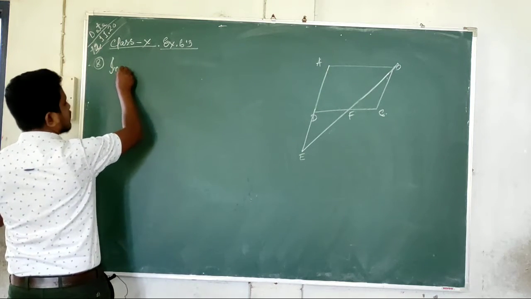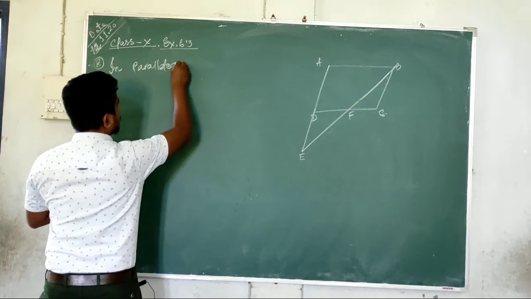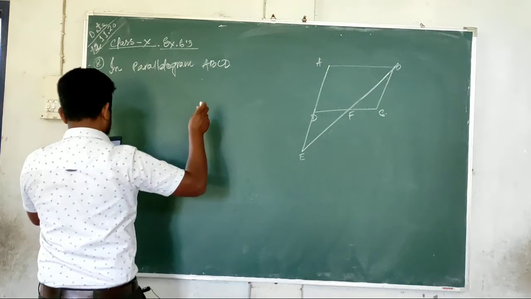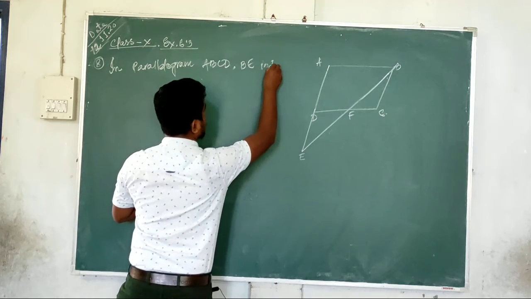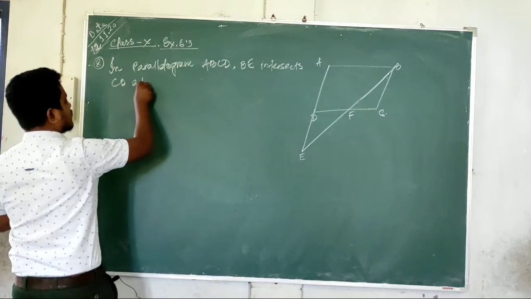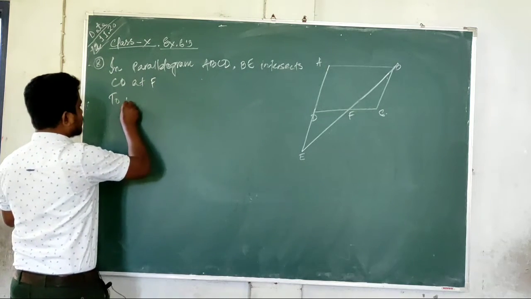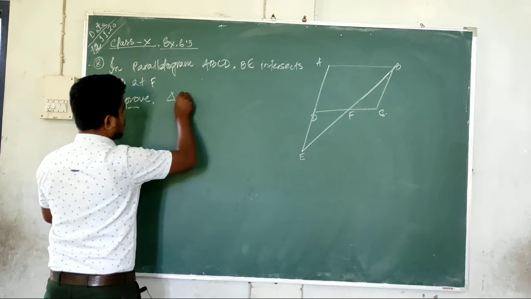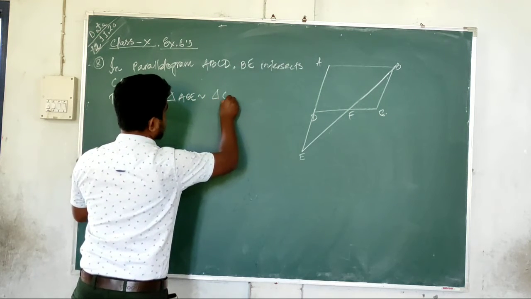So here in parallelogram ABCD, BE intersects CD at F, and to prove, we need to prove that triangle ABE is similar to triangle CFB.